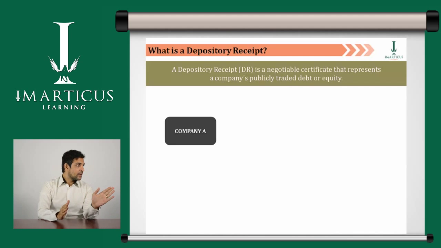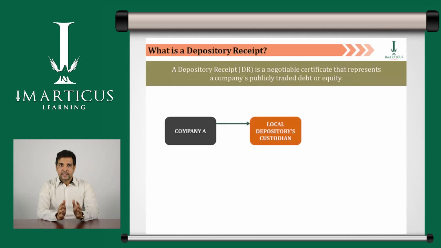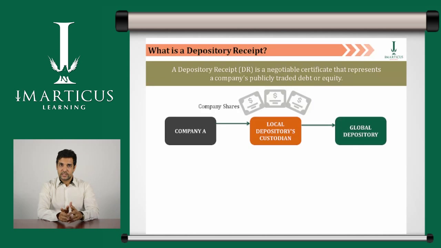Let's say company A wants to get its security listed in another country in the form of DRs. This company approaches a local depository custodian from the said market, which in turn goes to the global depository.